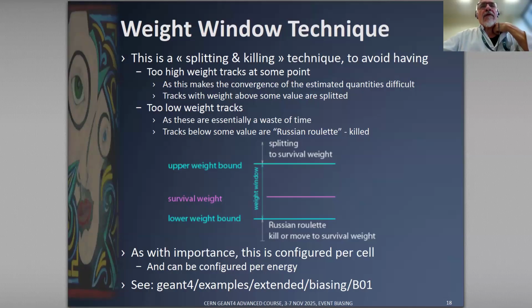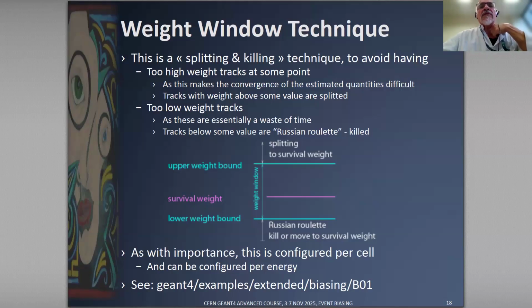And if you have tracks which have too low weights, then these tracks are simply a waste of time, because with their low weight they will not contribute much to the mean value. So in this case you apply a Russian roulette with a probability such that if the track survives, it goes inside the weight window limit.